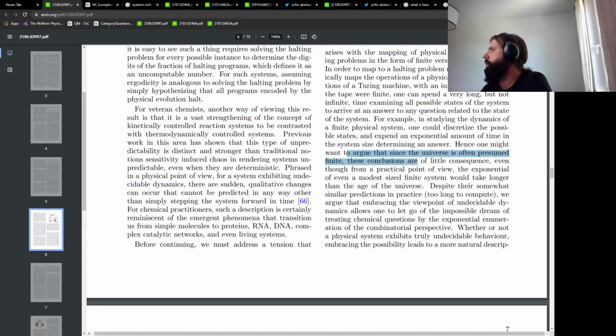Finite systems are of little consequence from our point of view. The exponential of even a modest-sized finite system would be longer than the age of the universe, so in practice, too long to compute. We are embracing the viewpoint of undecidability in dynamics, although the impossible dream of treating chemical equations by exponential enumeration.